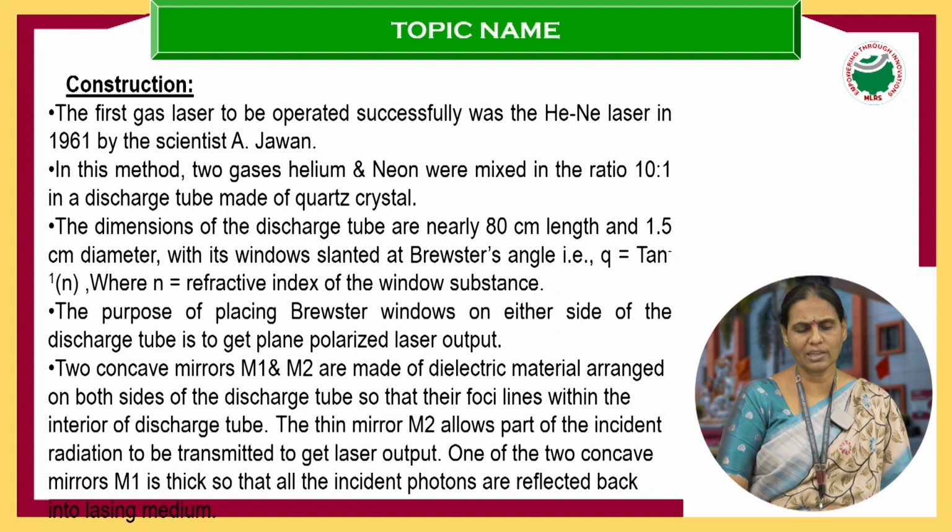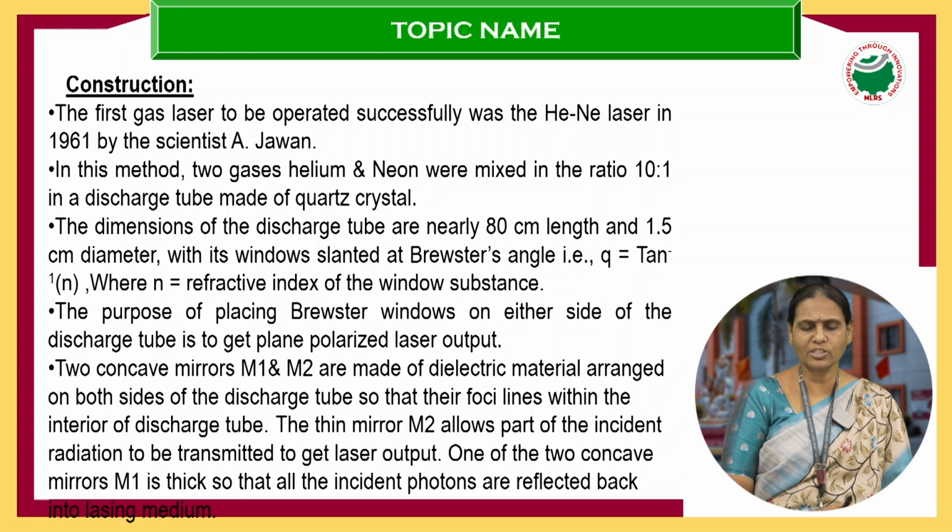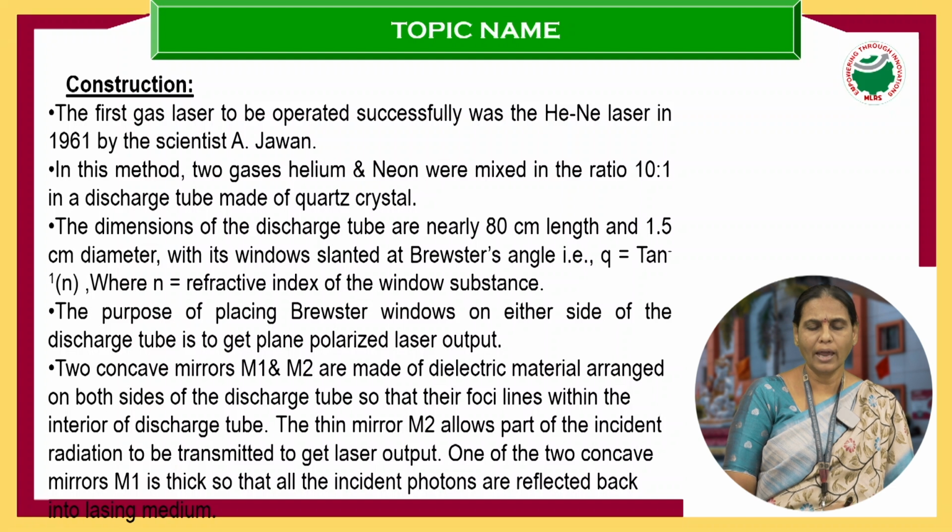Now let us see what the construction is. The first gas laser to be operated successfully was the helium neon laser in the year 1961 by the scientist Javan. In this method, they used helium and neon in the ratio of 10:1, pumped into a quartz glass tube. The dimensions of the discharge glass tube are 80 centimeters in length and 1.5 centimeters in diameter, with its windows slanted at the Brewster angle.